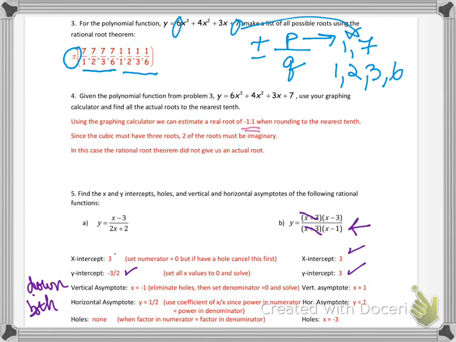The powers are the same. When that's the case, your horizontal asymptote, which is a line that goes this way, so it's going to be a y = line, is going to be the coefficient right here. So the coefficient of that is 1/2, and that's where the 1/2 comes from.